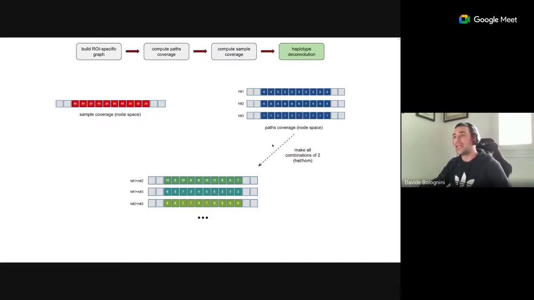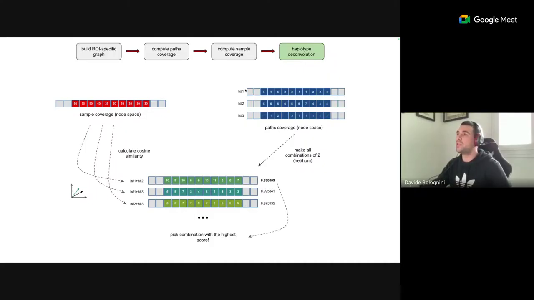And then we calculate the cosine similarity of the sample with respect to all the possible haplotype combinations. And then we pick the combination with the highest cosine similarity score. So for instance, here, this sample coverage vector is best described by the combination of H1 and H2 because the cosine similarity here is the highest.